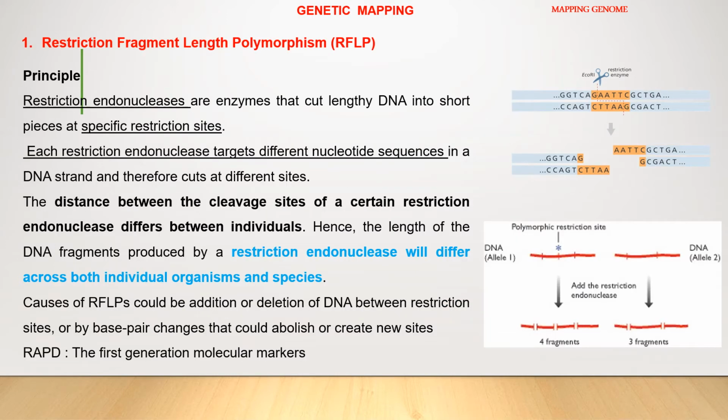Restriction fragment length polymorphism, or RFLP. Restriction enzymes are a special class of endonucleases which cleaves DNA at specific sites. Each restriction endonuclease site has a specific sequence of target nucleotides. These specific restriction endonuclease sites are distributed throughout the genome.